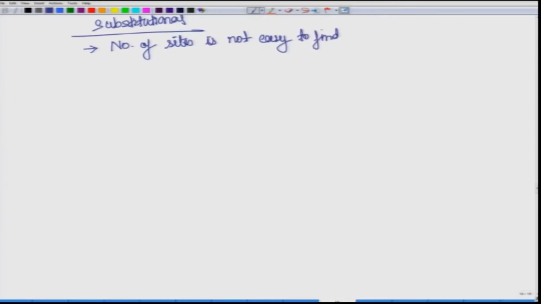In fact, it will be much better if I redraw one of these with a more realistic system. I have left this place because I want to add a different atom. Let us say this is a large atom.